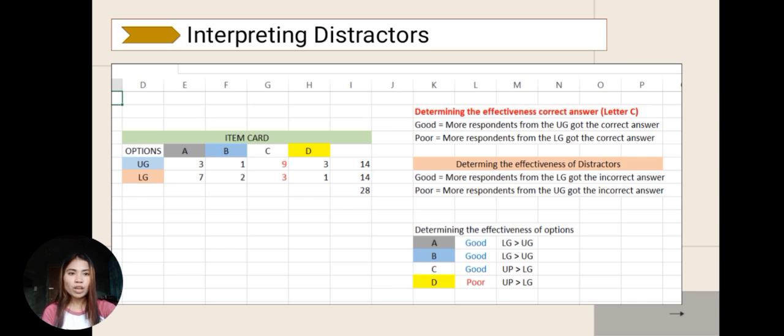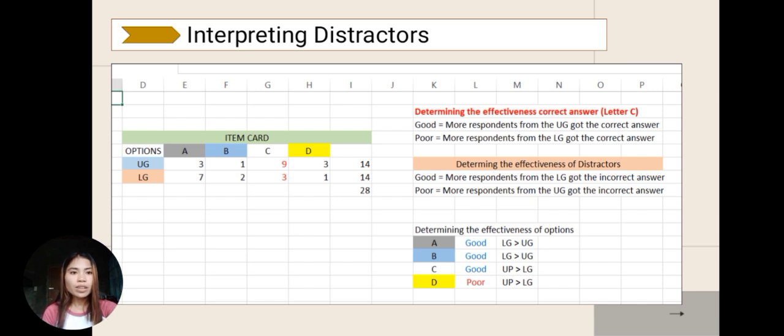So, in determining the effectiveness of the correct answer, or the letter C, note that it is good when more respondents from the upper group got the correct answer, and it is poor when the lower group got the correct answer. Based on the item card, option C is good because more respondents from the upper group got the correct answer.